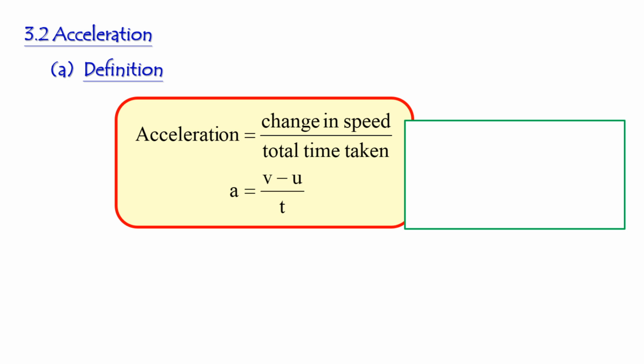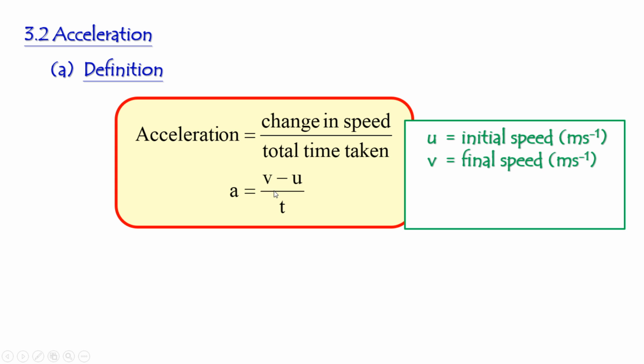So let us look at the four symbols again. U means the initial speed, the speed of the object at the beginning, and we use the unit meter per second. V is the final speed. The final value minus the initial value equals the change. And T represents the time taken for the change.